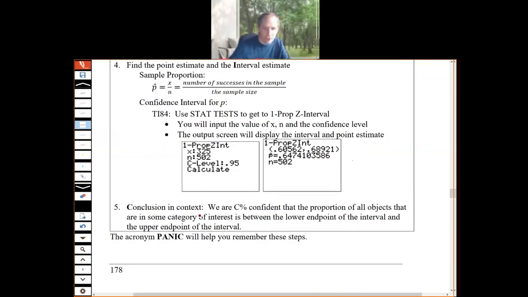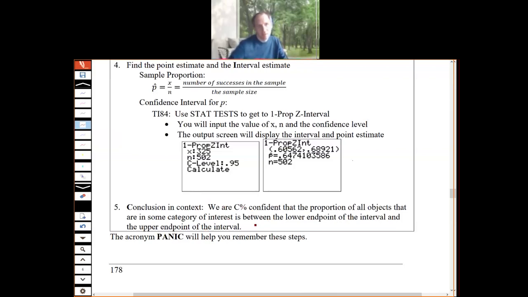We want to give a conclusion in context, right? You don't need to be creative. You're learning this stuff now. So when we write a conclusion, you don't have to come up with some creative understanding for what's going on here. We can mimic this same statement every time.